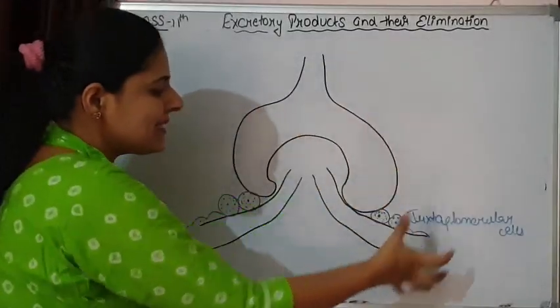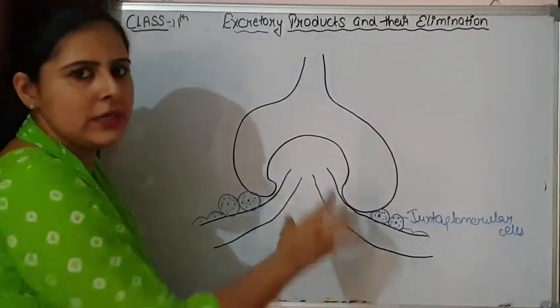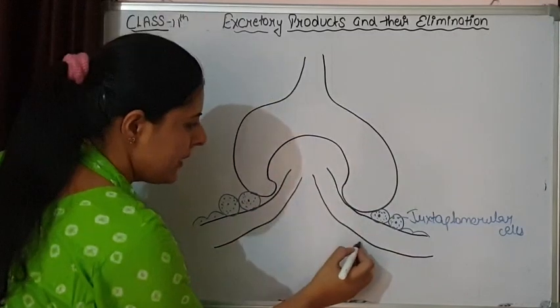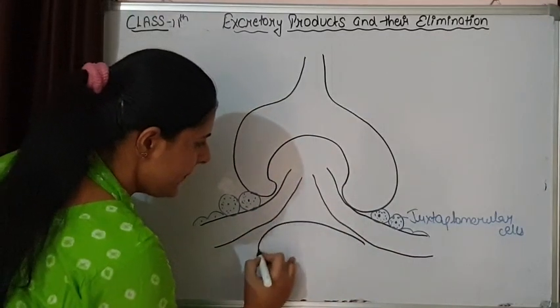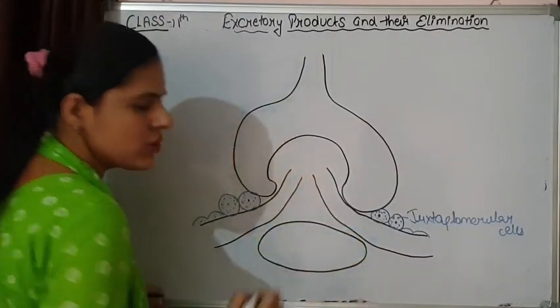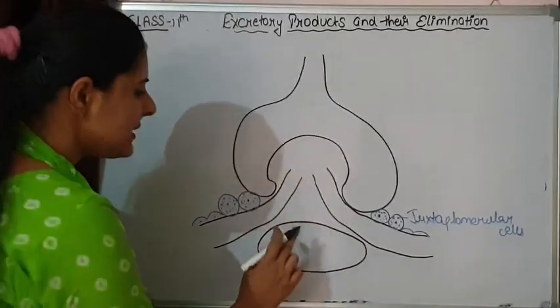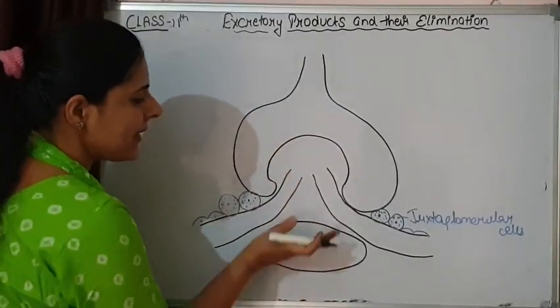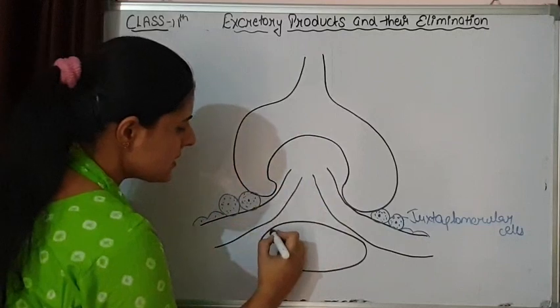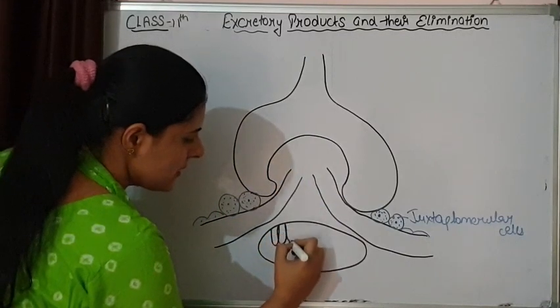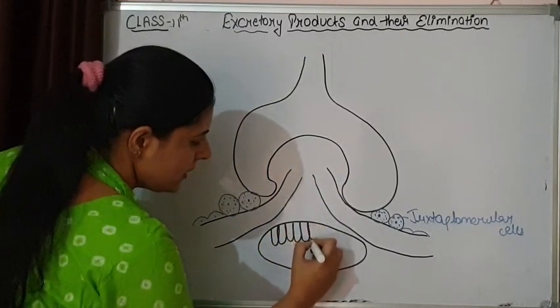Now the DCT that is coming over here near the Bowman capsule, so I am showing the DCT. This is the portion of DCT, and the epithelial cells lying in proximity to this become more dense, become columnar.